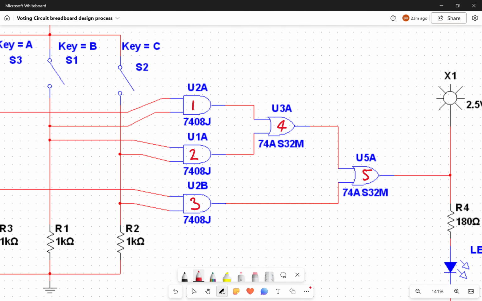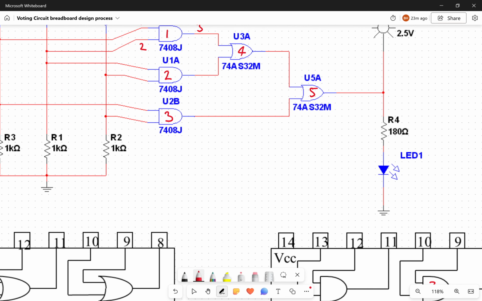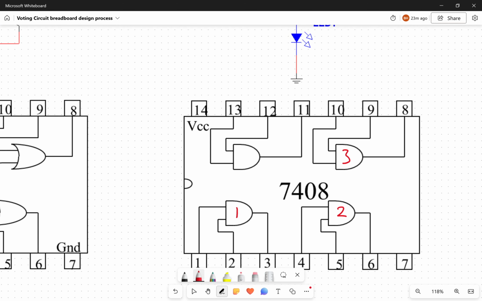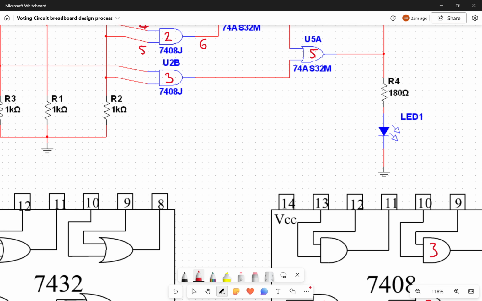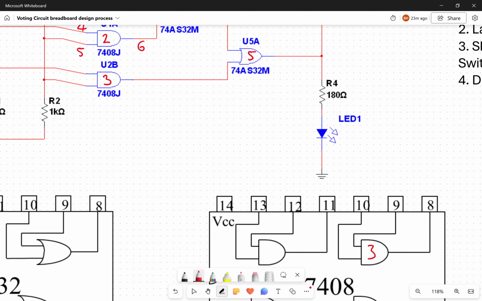So we know that this will be pin 1, pin 2, and output 3. We're going to do the same for the rest of those gates, for gates 2 and 3. So 4 and 5 are going to be inputs on gate 2, 6 is going to be the output, and then for 3 we've got 9 and 10 as inputs, and 8 is an output.